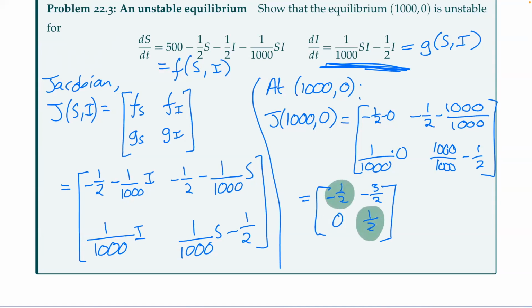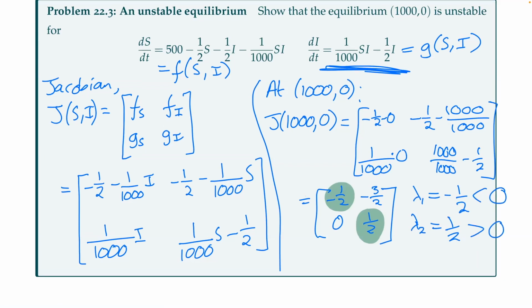So I know that one of my eigenvalues is minus a half. My other eigenvalue is a half. So one is negative and one is positive. I could look at the trace and the determinant, but in this case, I don't have to. I can just read the eigenvalues off straight away.